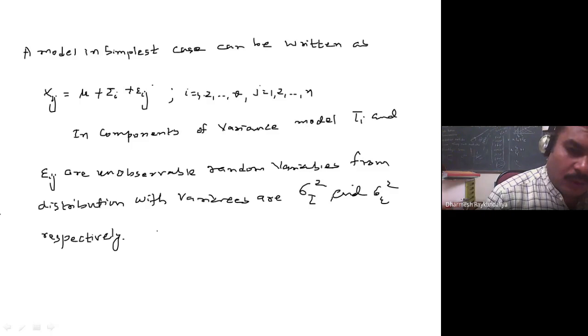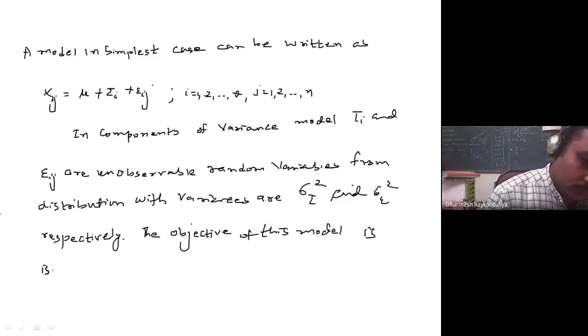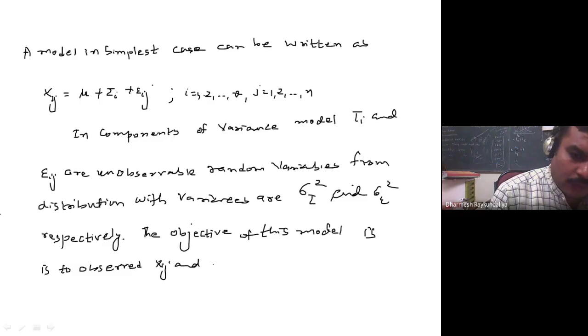And the objective of this model is to observe x_ij and estimate sigma tau square and sigma epsilon square.